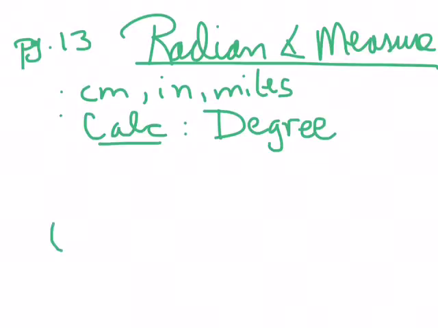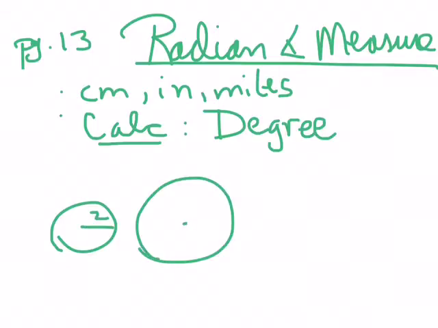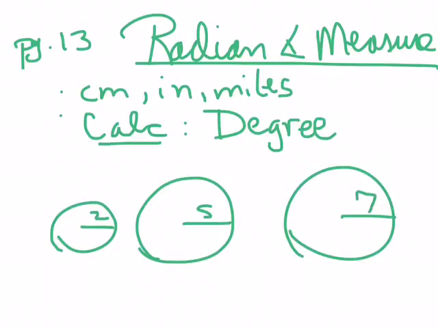Just think about that: if we have a circle with a radius of 2, a circle with a radius of 5, and a circle with a radius of 7, these all are going to be similar. All we have to do is multiply the radius here by 3 in this first circle to get to the second one. Dilate by 3. All of them are similar, a similarity transformation. So let's do that example below.